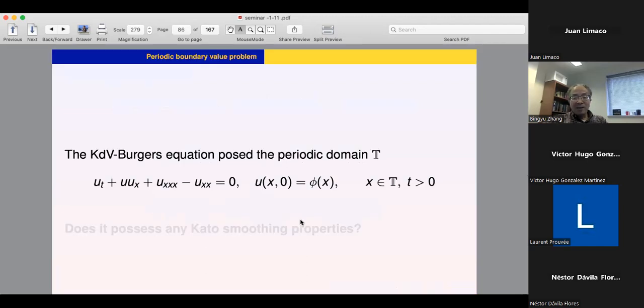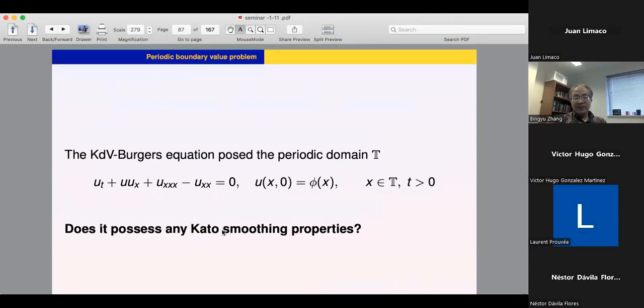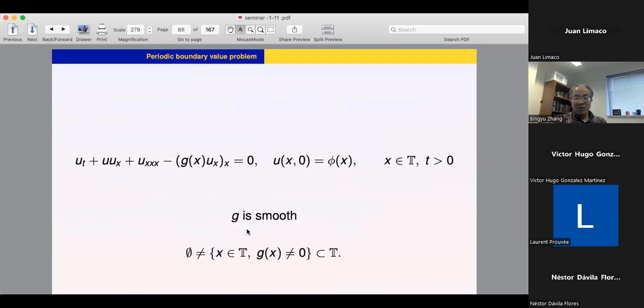Now, how about the KdV-Burgers equation posed on a periodic domain? Now you have dissipation and you have dispersion. Remember, we are looking for the joint effects of dissipation and dispersion. Does it possess any Kato smoothing property? We considered this problem in our early work.